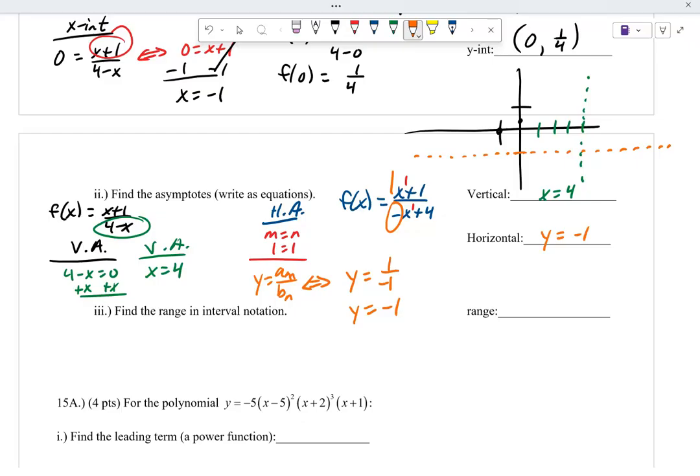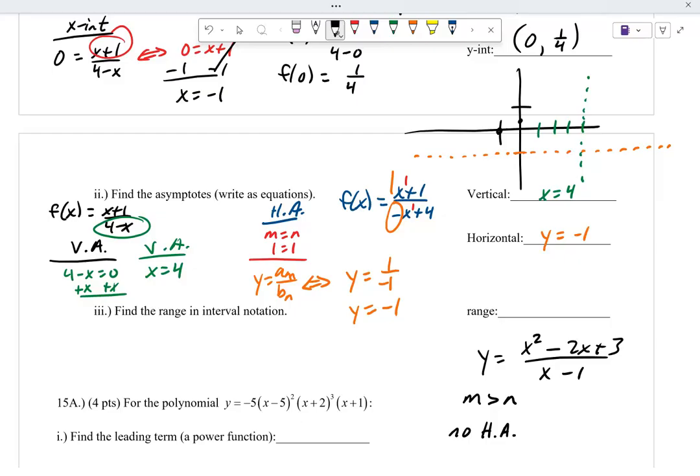Now, just as a reminder on the horizontal asymptote, let's say the degree of the top is 2 and the degree of the bottom is 1. If the degree of the top is more than the bottom, then there's no horizontal asymptote. There's the potential for an oblique asymptote, and you would have to do the division to find that.